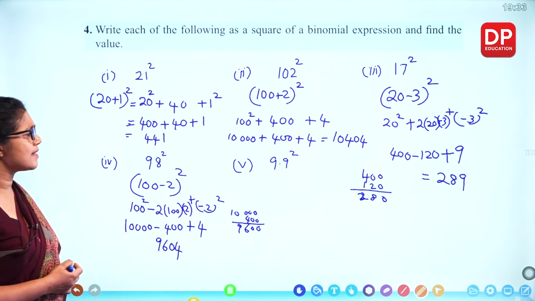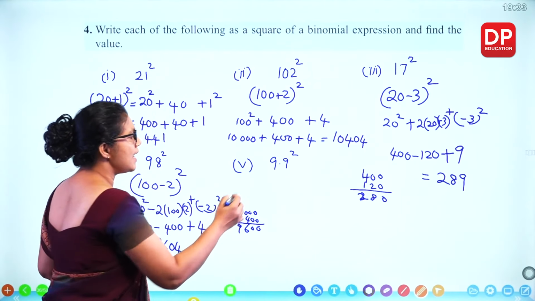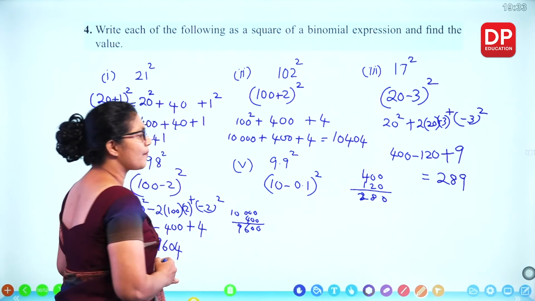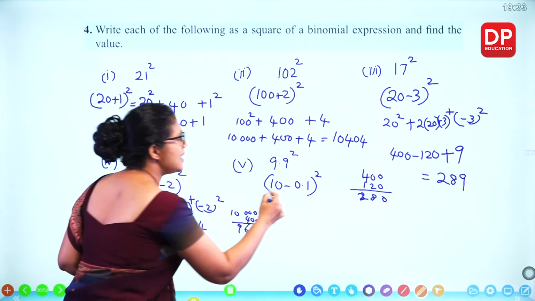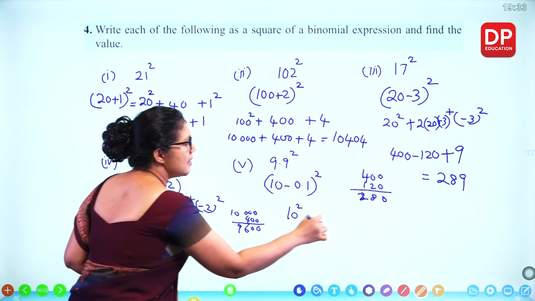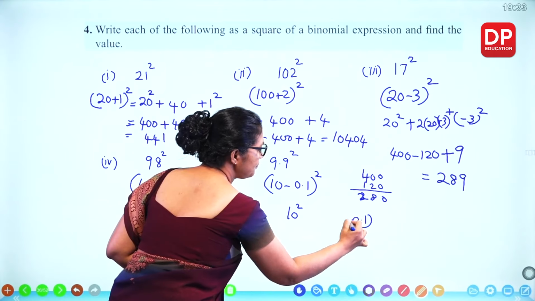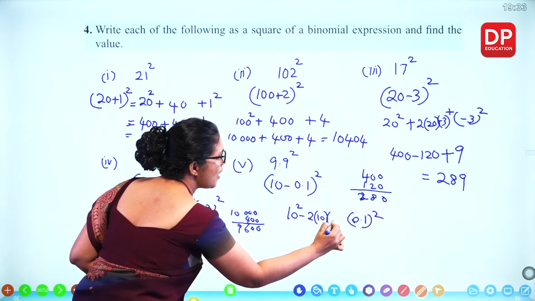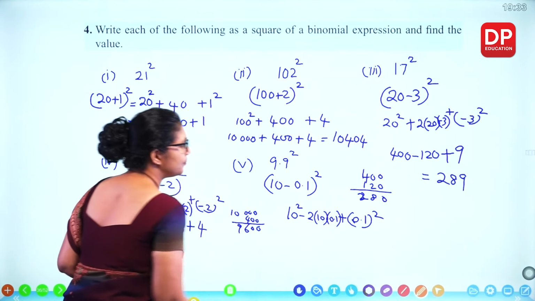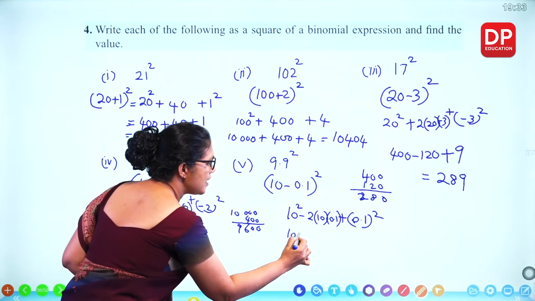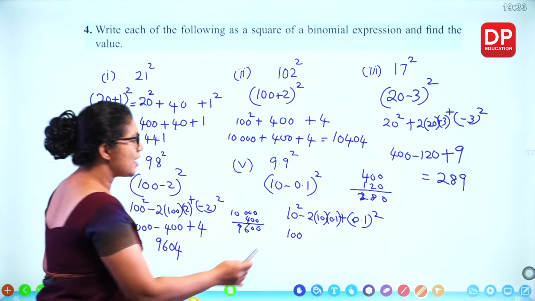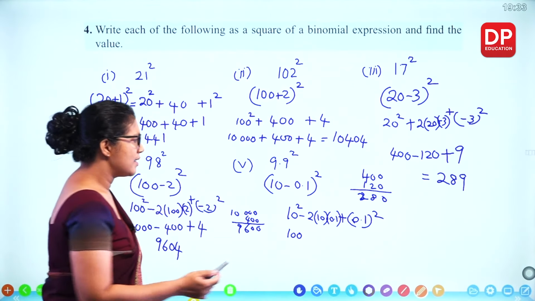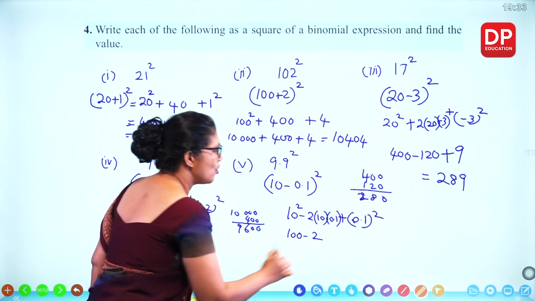Last one, 9.9. How can you write 9.9? This is a decimal answer. So you can write 10 minus 0.1. So use the same procedure. 10 squared, 0.1 squared, and the middle term is double of 10 times 0.1. 10 squared is 100. Now here, can you see 10 and 0.1? What's the answer? You get 1. 1 times 2, 2.